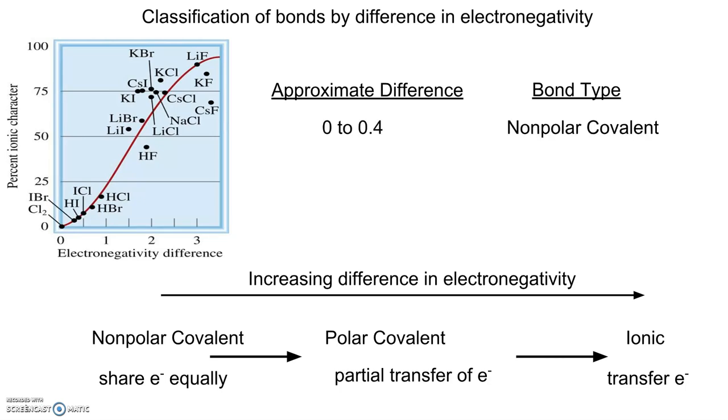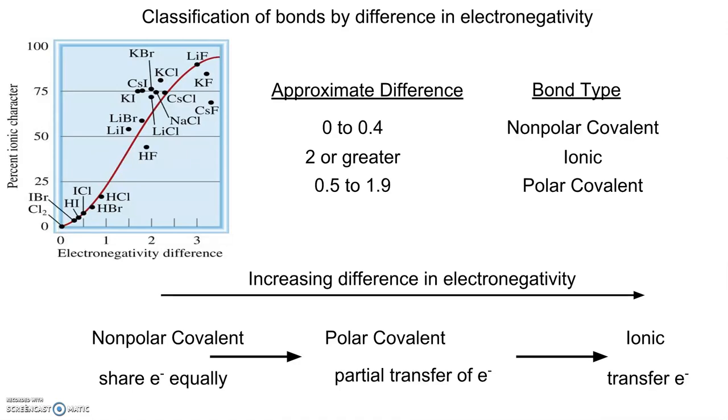Here's another way to look at it. If I were to look at the bond electronegativity difference and calculate those values, that will tell me whether it is truly ionic or covalent. And then it'll even tell me if it is nonpolar covalent or polar covalent. So if you were to calculate your electronegativity differences and saw that 0 to 0.4 is nonpolar, and anything 1.6 or greater is ionic.